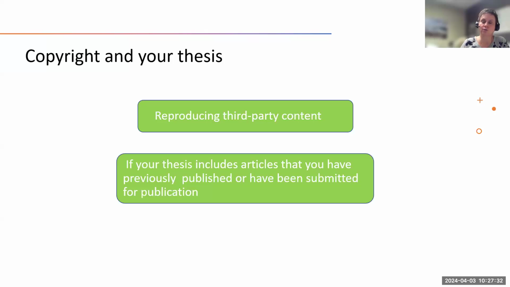Most publishers will allow you to include the final draft version that has been peer-reviewed, but not the version formatted by the publisher. To better understand what you're allowed to do, go to the publisher's website to look for their policies or refer to your publishing agreement.